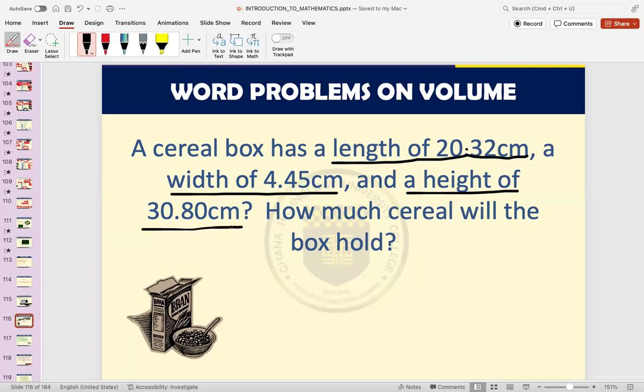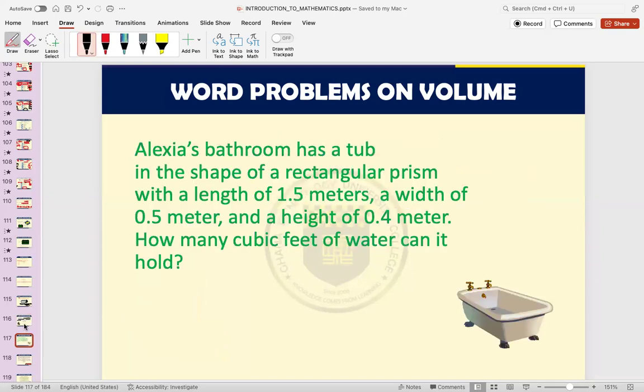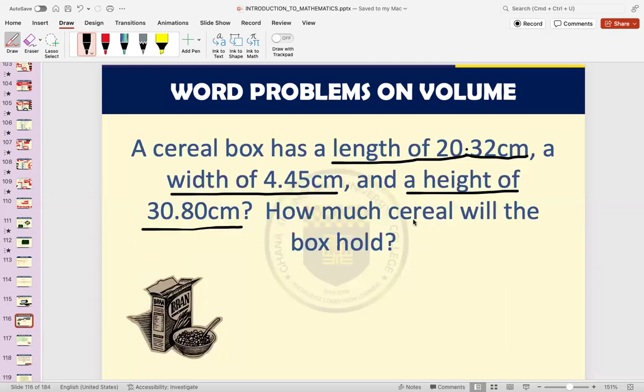30.8 centimeters. The moment you see these dimensions given you, length, width, height, then your mind should start changing, that you are going 3D, not 2D, because you've been given 3 different measurements. How much cereal would the box hold?